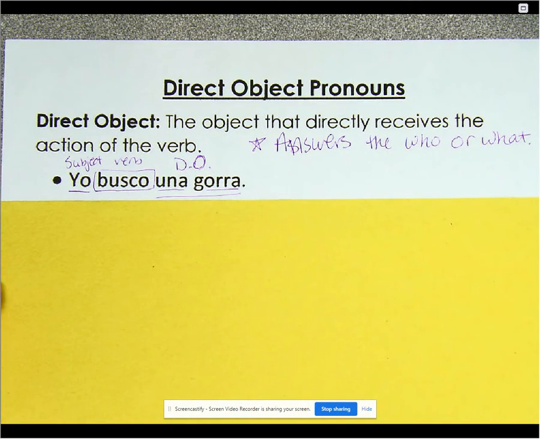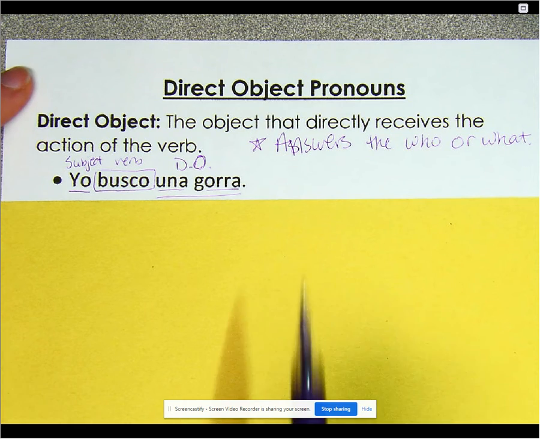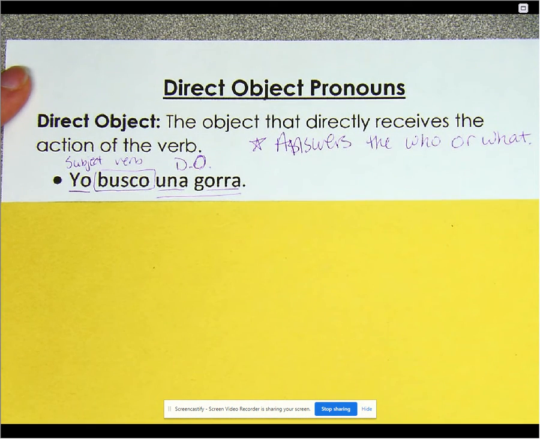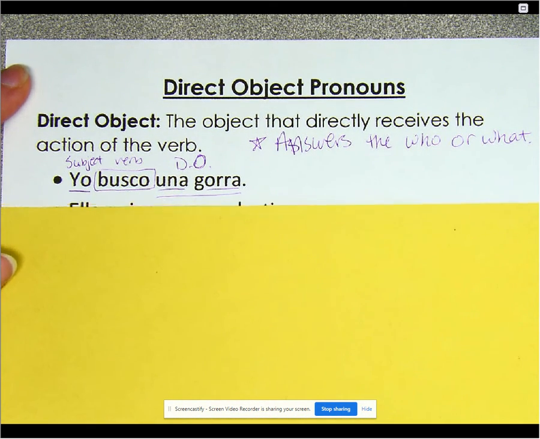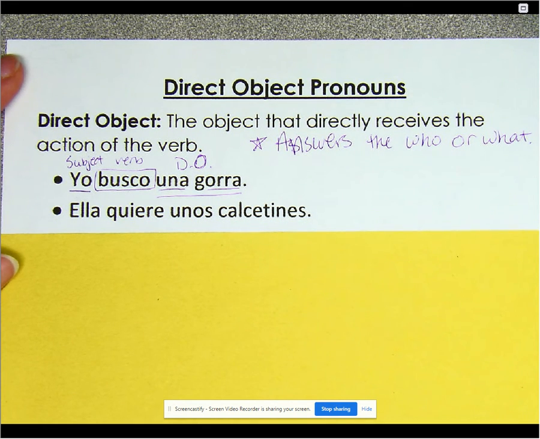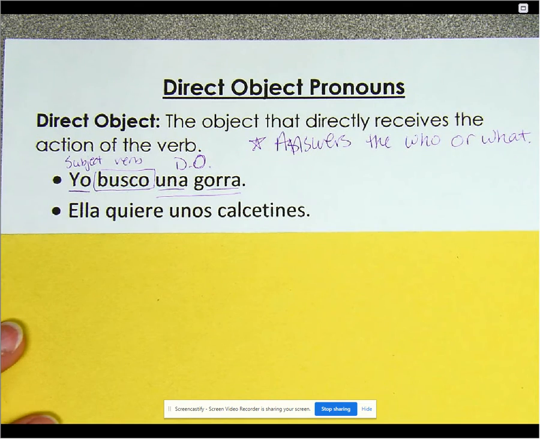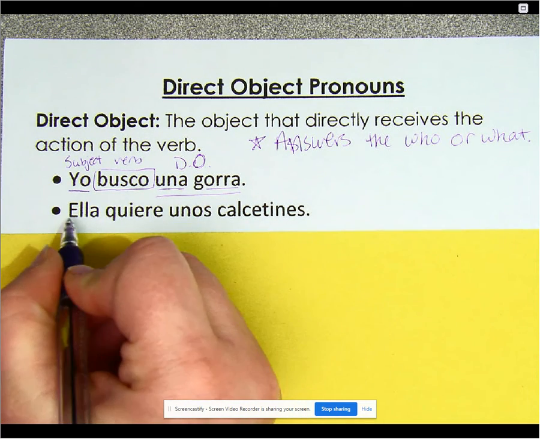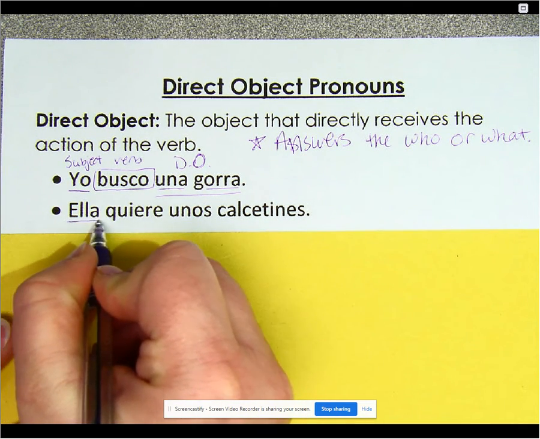So then we can say I'm looking for it, it's black, it's white. So you don't have to keep saying hat over and over again. Okay. Ella quiere unos calcetines. All right, so what is ella in this sentence?